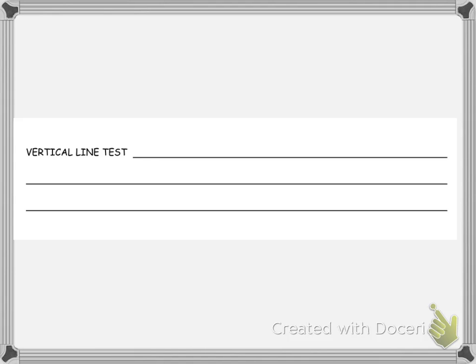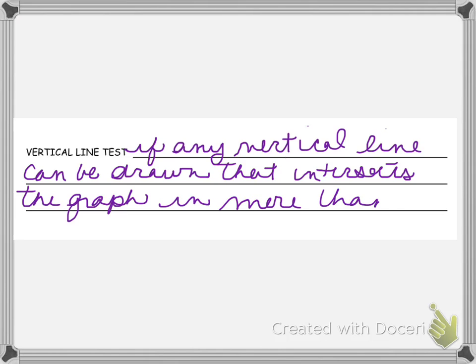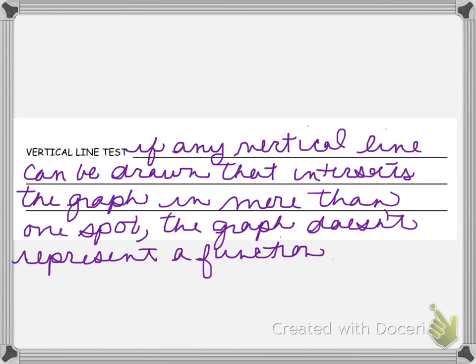How can you tell if the graph you're looking at is a function? Well, we use a test called the vertical line test. The vertical line test tells us that if any vertical line can be drawn that intersects the graph in more than one spot, the graph does not represent a function.